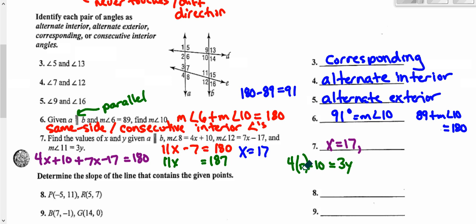So 4 times 17, so that's going to be equal to 68, and we have plus 10 equals 3y. So I have 78 equals 3y. So when we divide 3 into 78, we get y equals 26.